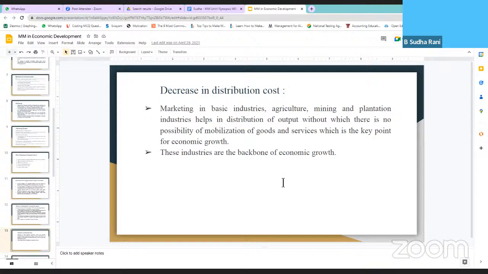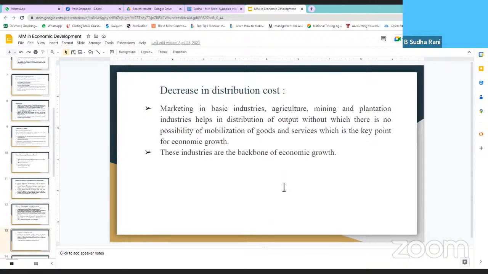With the marketing function, they make the mobilization of their goods and services easy. It is like a cyclical approach. Producers produce the goods, and through the marketing function they communicate, distribute, sell, and generate revenues. Again they put the revenues into making new products, promote, sell, and distribute. So it is like a cyclical approach.